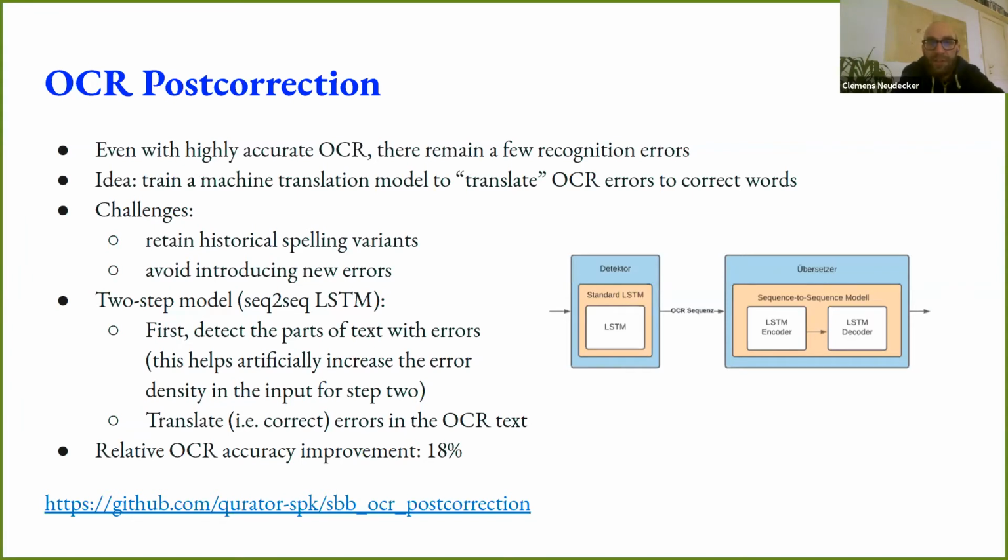We OCR'd these documents with our current OCR model, and then trained the machine translation model to translate the erroneous OCR text back into the correct originals, and thereby train the model to autocorrect such OCR errors. And we see that it actually works. We achieve a relative improvement of about 18% with this, which is quite good, especially given the fact that we hardly introduce any new errors into the historical text, which is always a challenge.